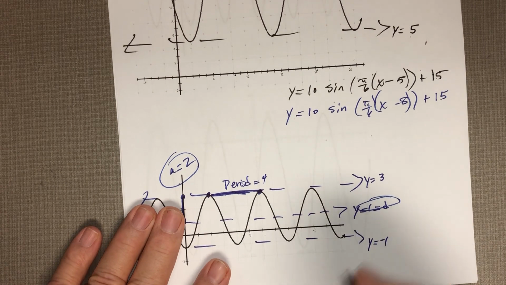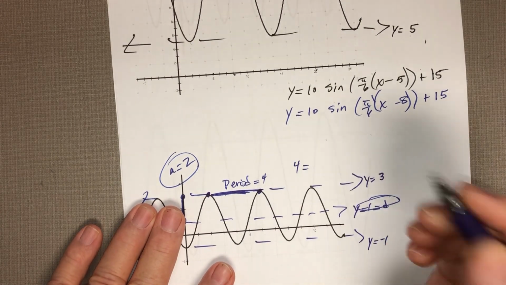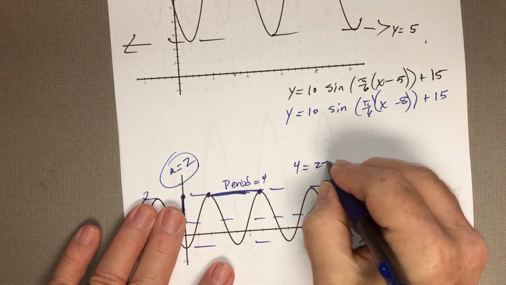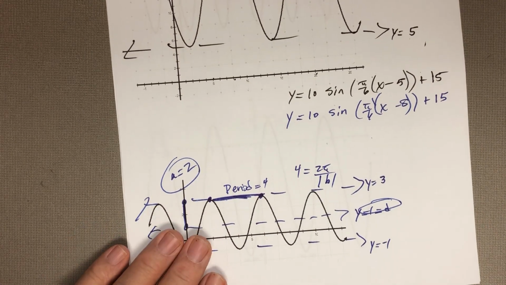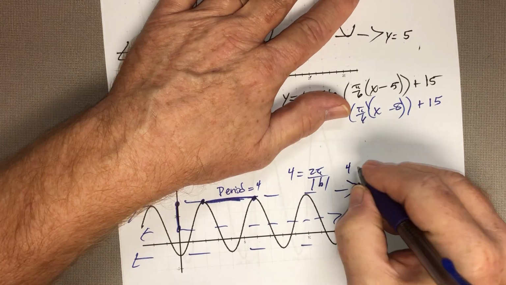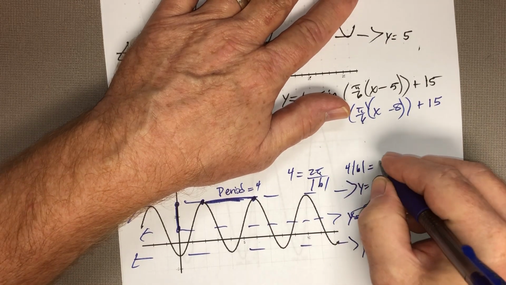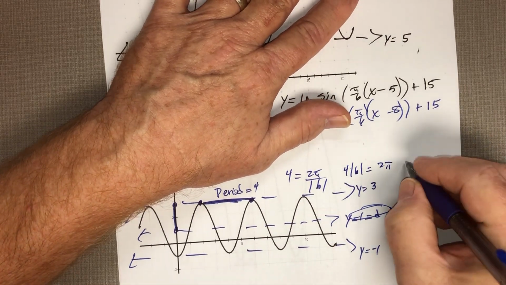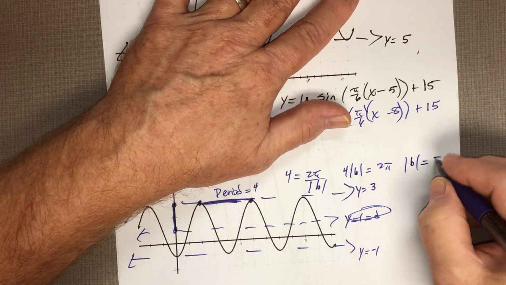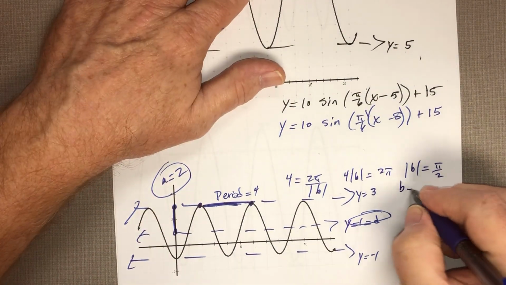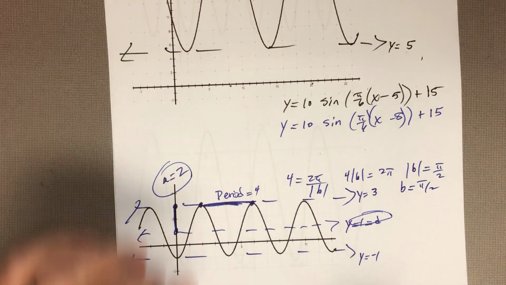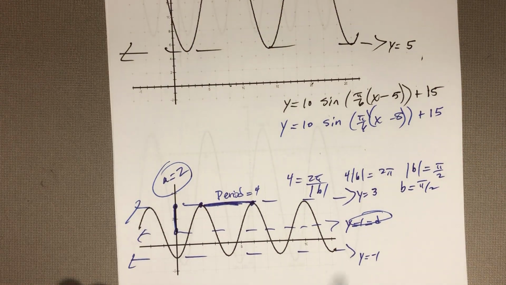That means I'm going to take 4, the new period, and set it equal to 2 pi divided by the absolute value of B. Multiply each side by the absolute value of B: 4 times the absolute value of B equals 2 pi. Divide by 4. The absolute value of B would be pi over 2. So B could be plus or minus pi over 2. I'm just going to use the positive and make it easy. I've got D.